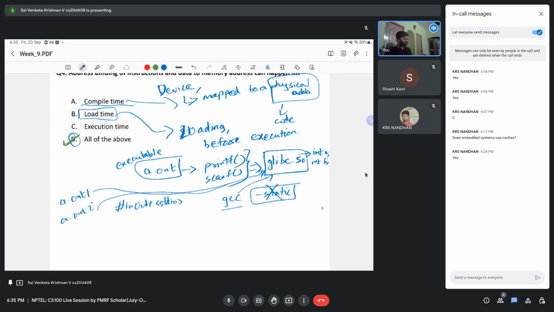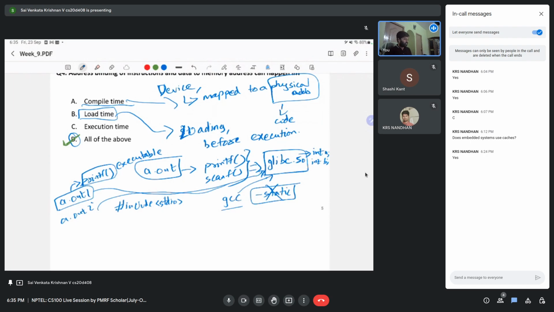And also from this executable you would be calling printf and all those things. While compiling and linking, you won't know where this printf is exactly located, because it's present outside your executable, in the shared library.